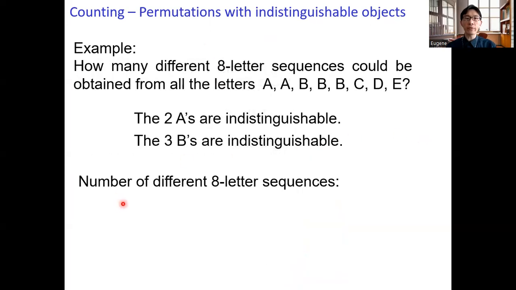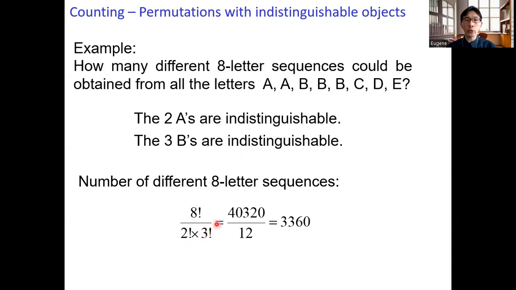So here the number of different 8-letter sequences is equal to 8 factorial divided by 2 factorial times 3 factorial. The 8 factorial is the number of permutations if the 8 letters are all distinct. And the 2 factorial is due to the letter A repeated 2 times.